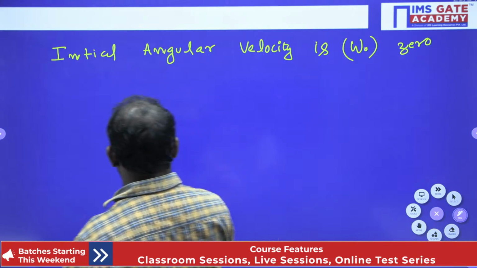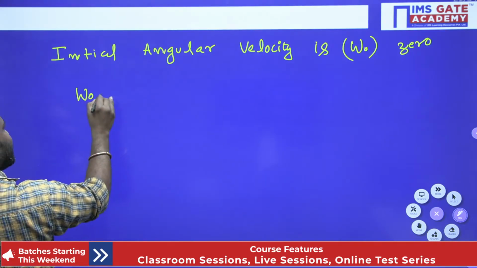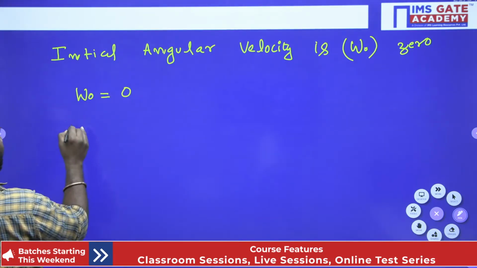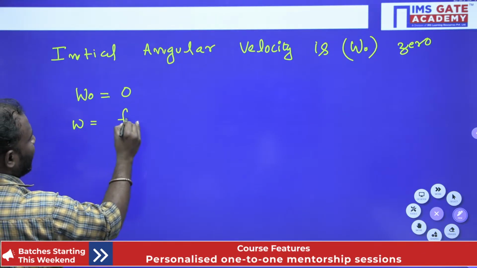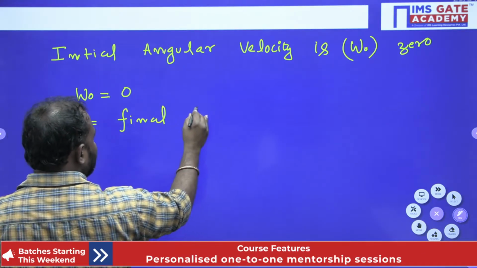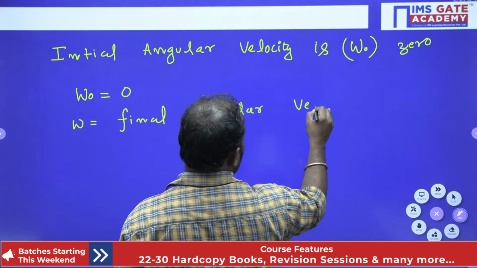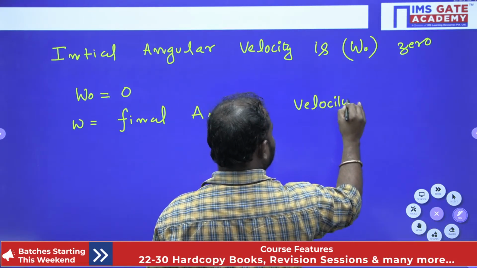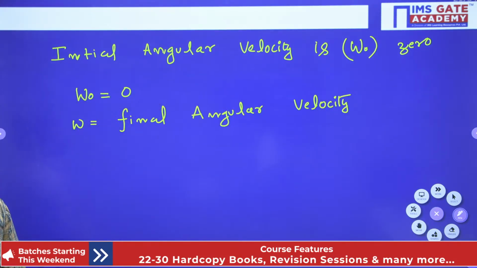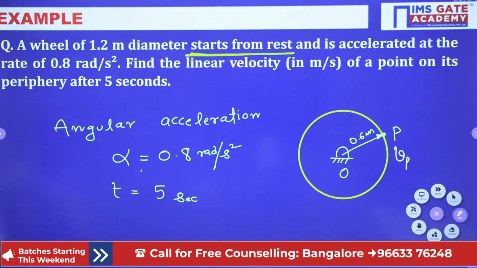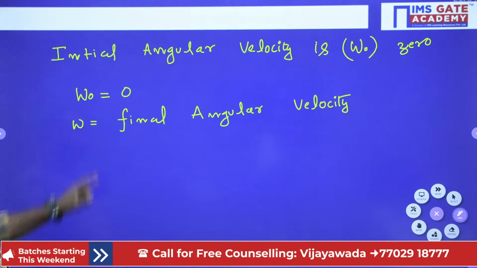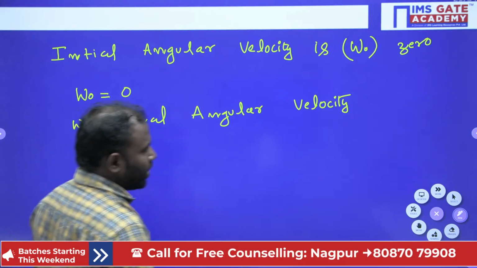Say that W is the final angular velocity. Yes, guys, final angular velocity. I hope everybody understands. Now here we know the acceleration, we know t, we know the initial velocity, and we need the final velocity. From here I'll write an equation.